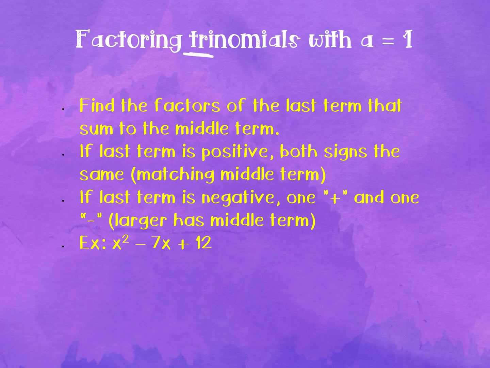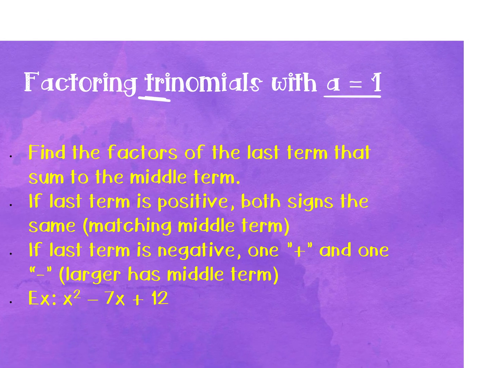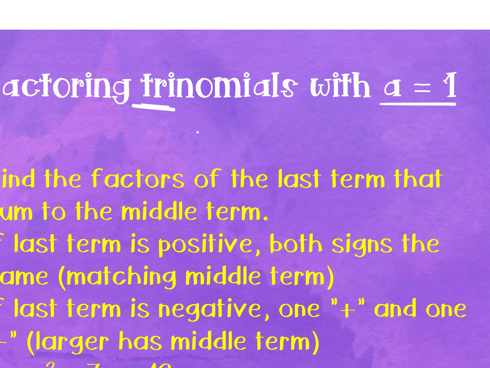All right, this is factoring trinomials with a equal to 1. When I say a equal to 1, we talk about trinomials in this particular form: ax squared plus bx plus c. So this is standard form for our trinomials.